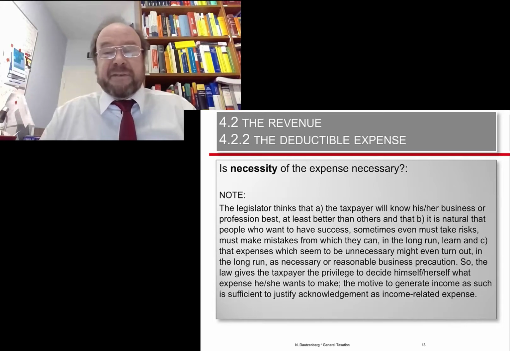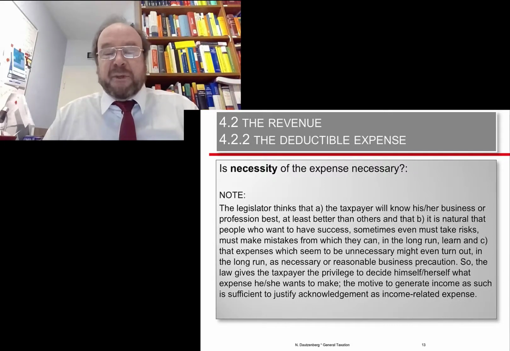So the tax administration and the taxpayer himself or herself are often better off if they spend a bit more, waste a bit of money, if in the long run the outcome is better.